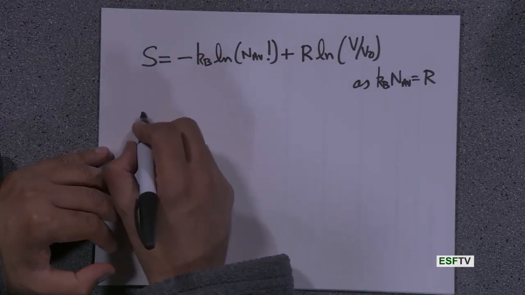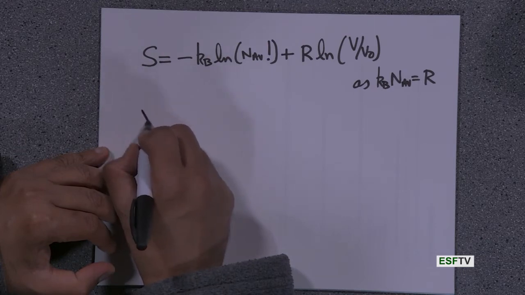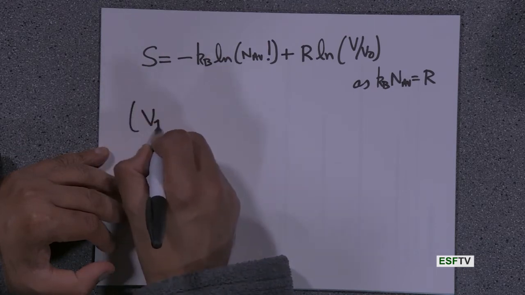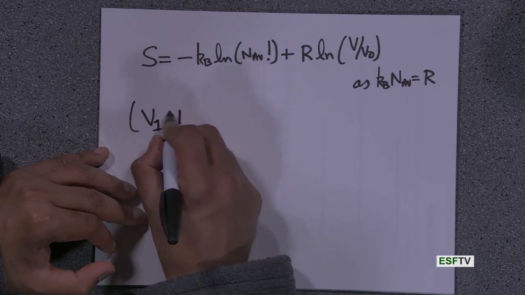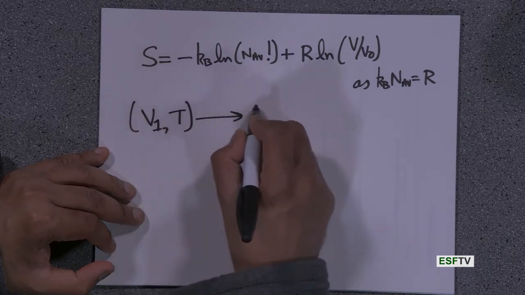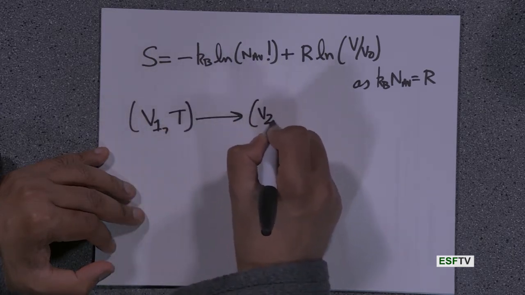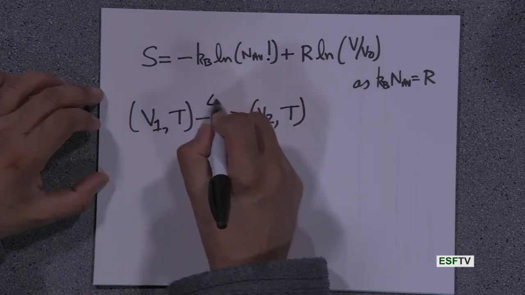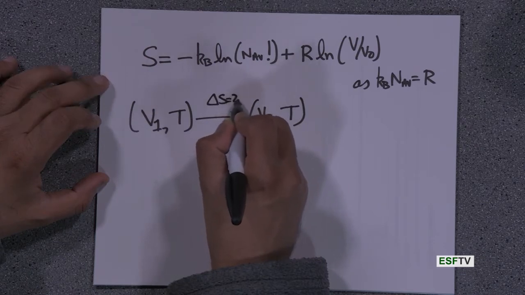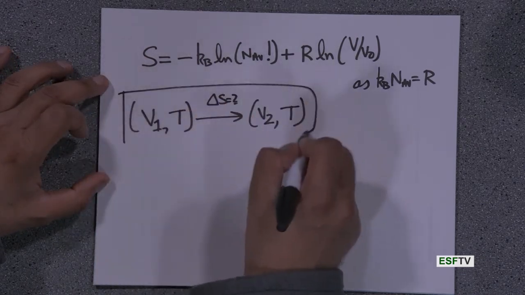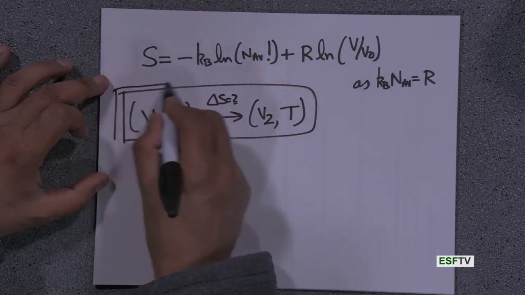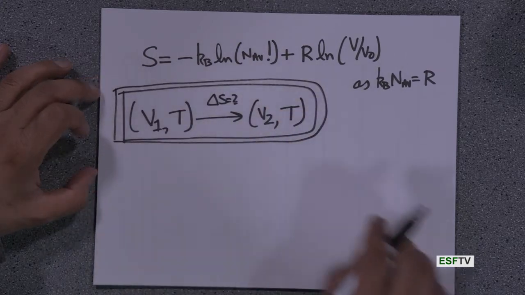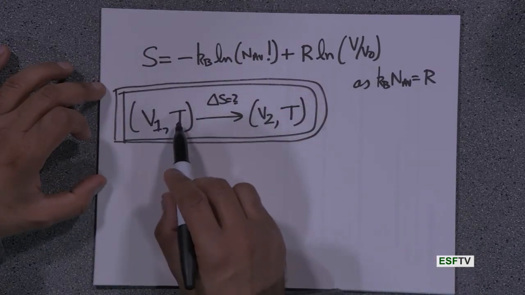How about if the volume starts at V1 and the temperature starts at temperature T, and we go to a volume V2 and keep the temperature the same, T. Let's ask what delta S is for this change of state. So this 1 mole of our ideal gas starts at a volume V1, goes to a volume V2, and the temperature stays the same.